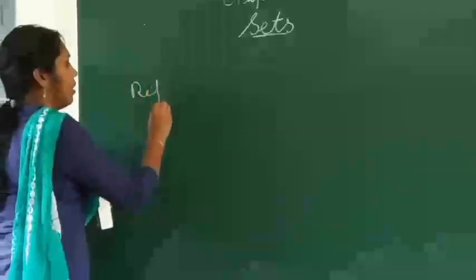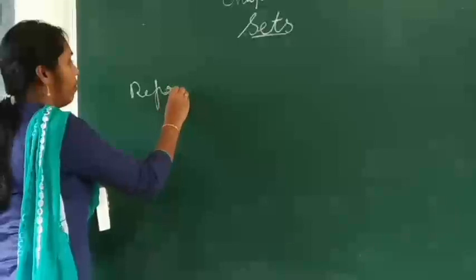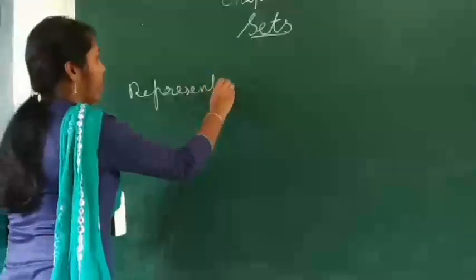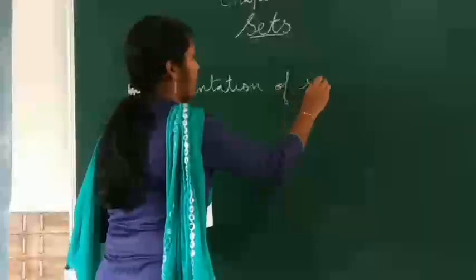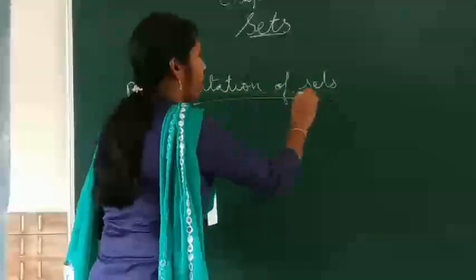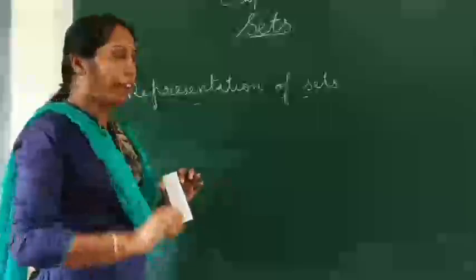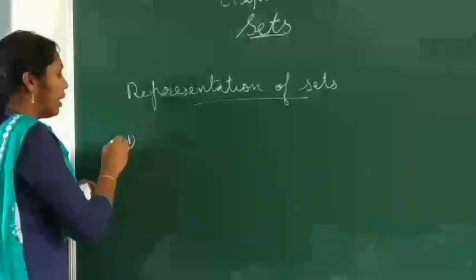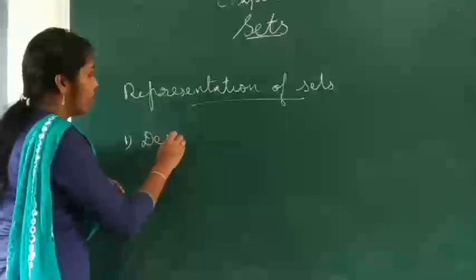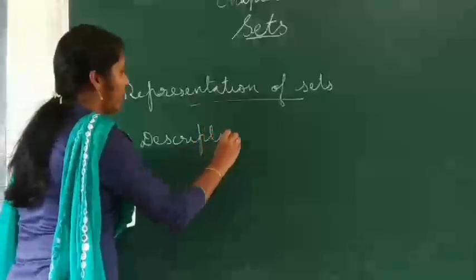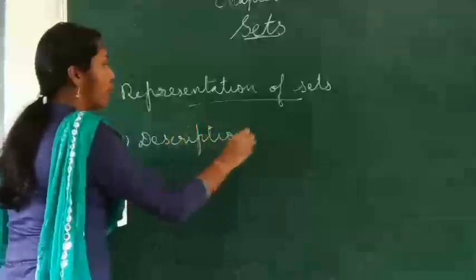Now there are various ways to represent a set. Representation of sets. We can represent sets in 3 different ways. First method is descriptive method or description form.